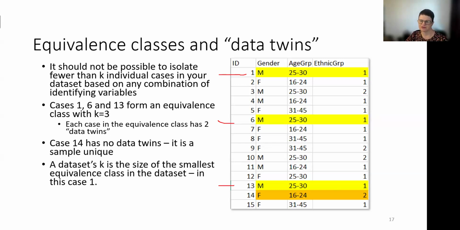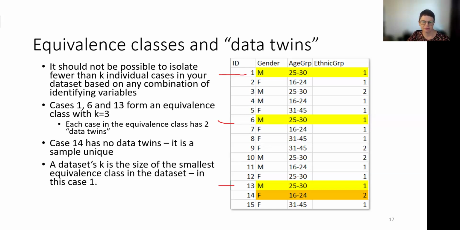So even if an attacker knew that an individual was in the data set and was able to match their characteristics against the data, they would not be able to tell which of these 3 people was the target individual. So I know somebody who's male in this age group, in this ethnic group, but I have no idea if it's this one, or this one.